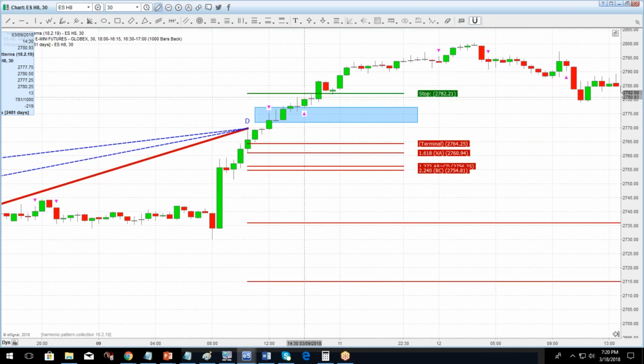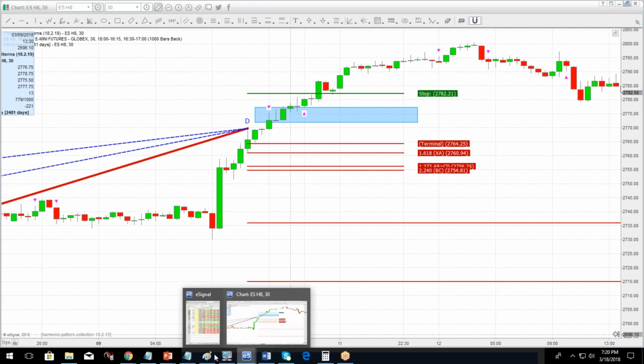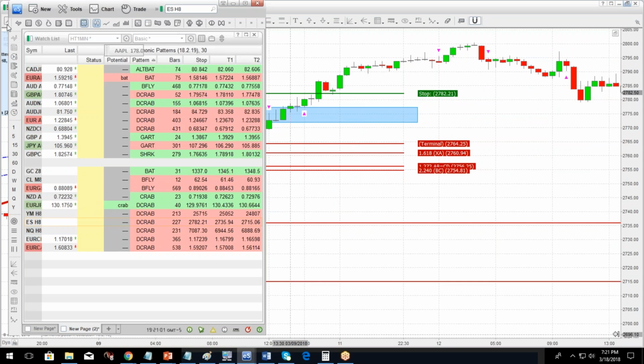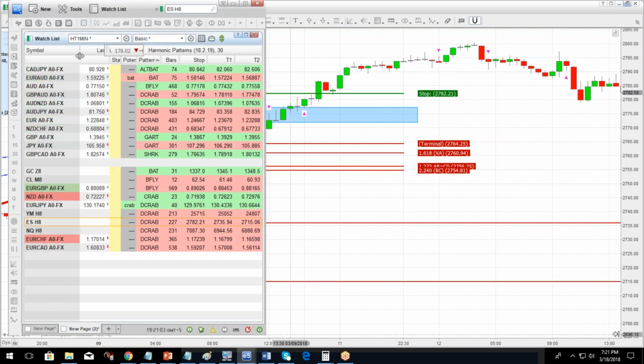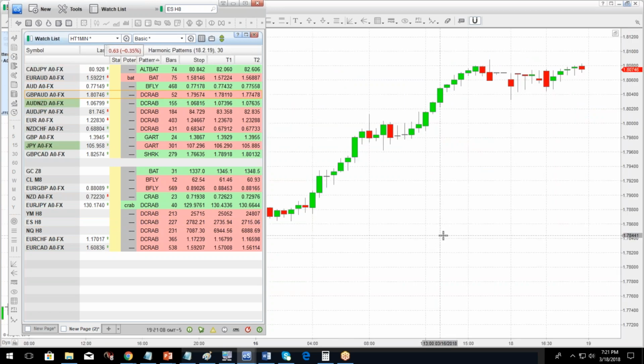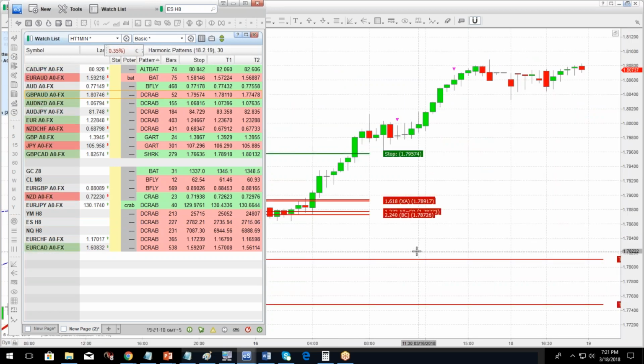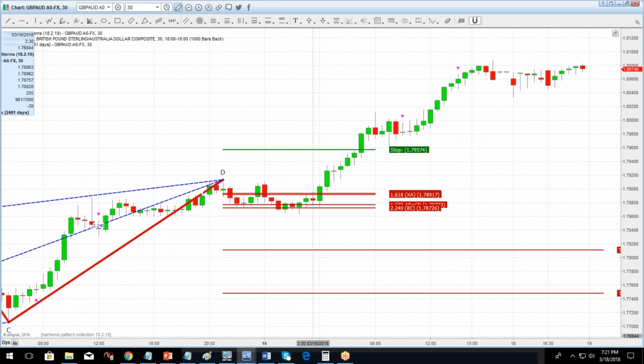We expect that to be a volatile price behavior. That's just something that comes with the crab pattern. Over time, I've seen that this has been a really effective way to understand whether or not that's going to give us the reversal or not.